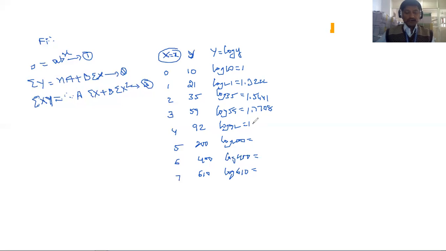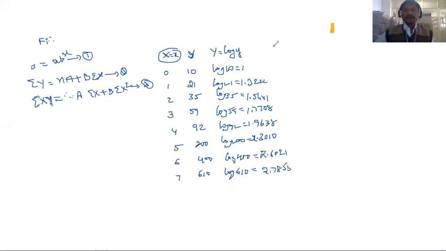So 1.7708, 1.9638, 2.3010, 2.6021, and the last one 2.7853. Like this you'll get the values.